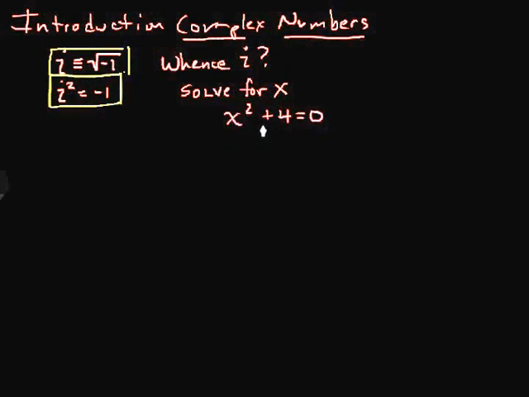So is this possible? Well, let's use our algebra skills, and let's isolate our variable. If we subtract 4 from both sides, we get x squared is equal to negative 4. Well, right away, without looking back over here, say no. There's no number we can square and get a negative, so you would write over here maybe something like no solution, and that's sort of where you might have stopped before.